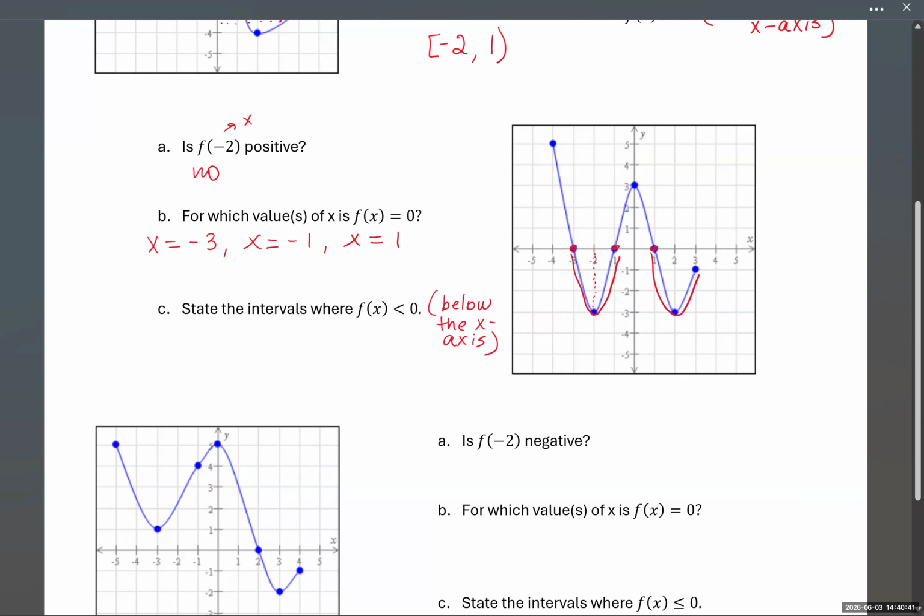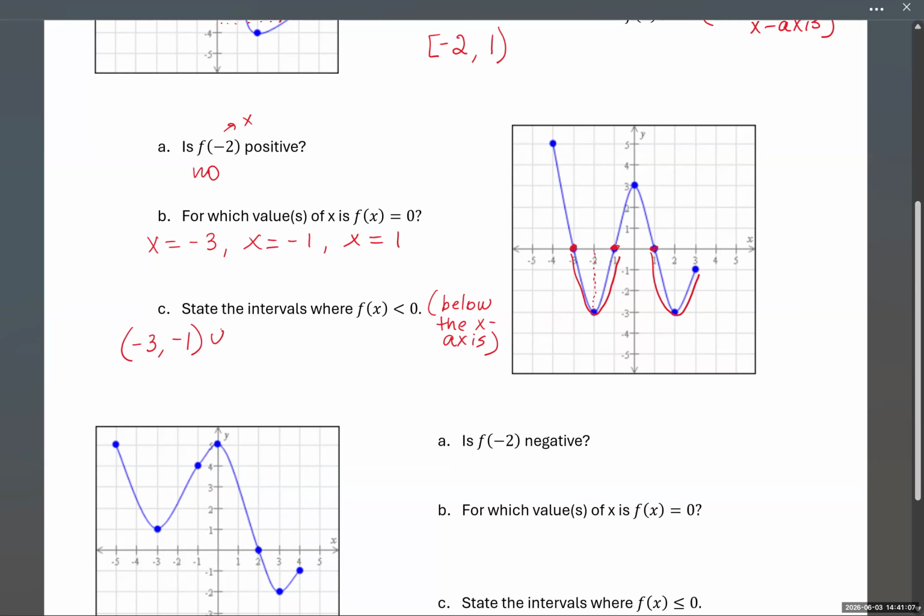We do have to pay attention to brackets versus parentheses here. So our first interval starts at -3 and it ends at -1. Both of those values are on the x-axis. That means that the function equals 0 at -3 and at -1. It's not less than 0 at these points. So both of them are going to be in parentheses.